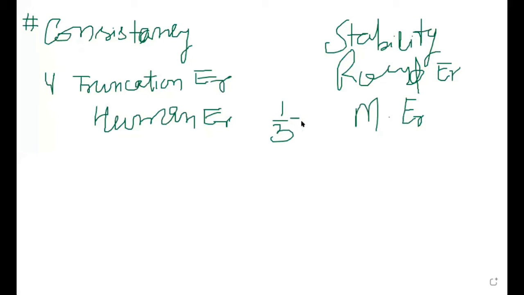0.333, repeated infinitely many digits. Am I right? So we don't have any machine which can store this number exactly.